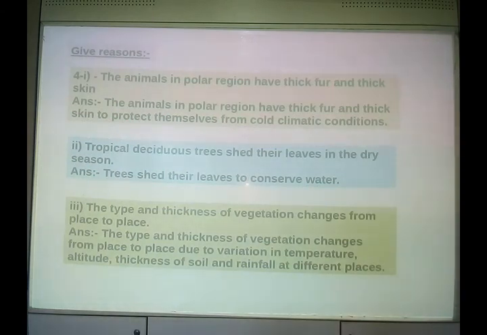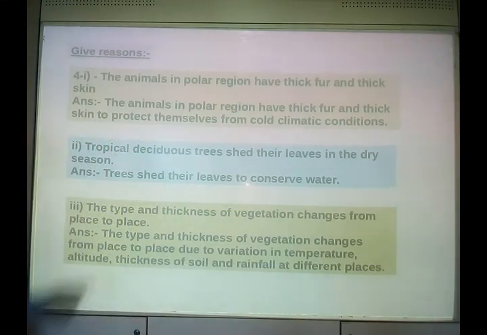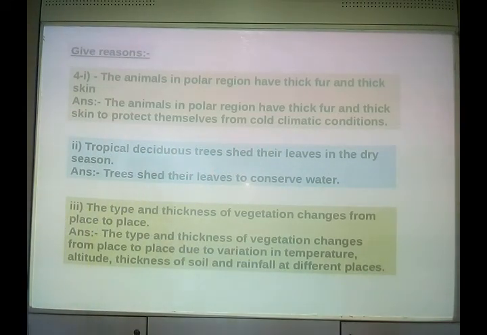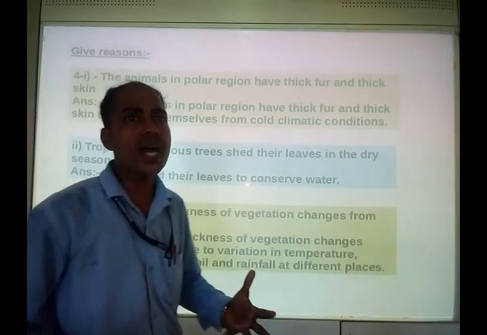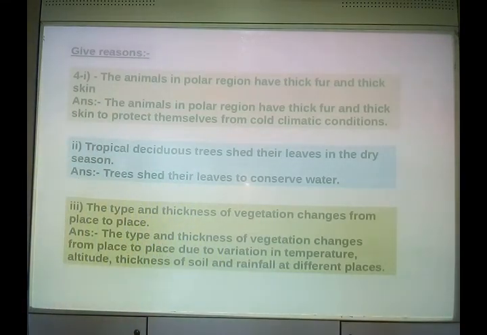In order to protect themselves from cold climatic condition, the animals have thick fur and thick skin. Clear?